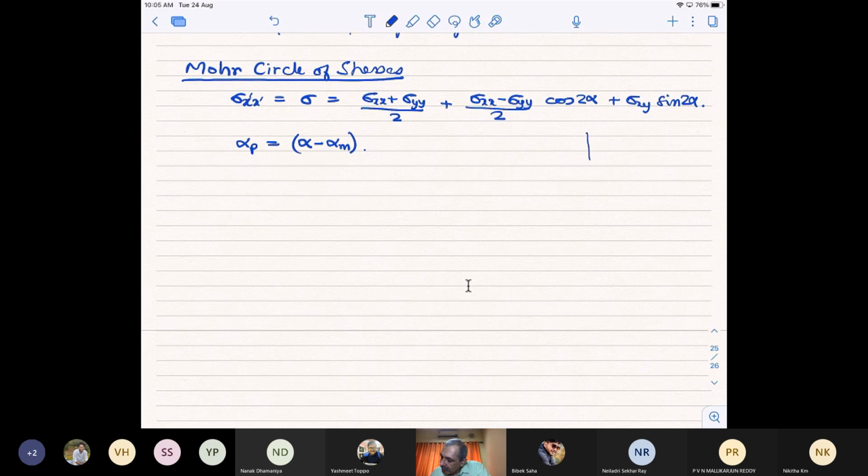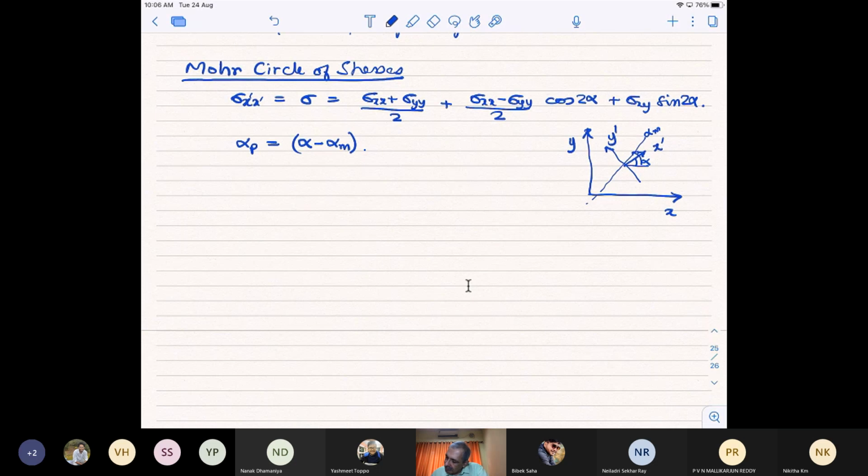Okay, so if we imagine that we had our original x-axis and y-axis, and then we had this surface, and this is now the new x-axis, and this is the new y-axis, where this angle is alpha, and then there was another angle which we call alpha m, at which the normal stress is maximum.